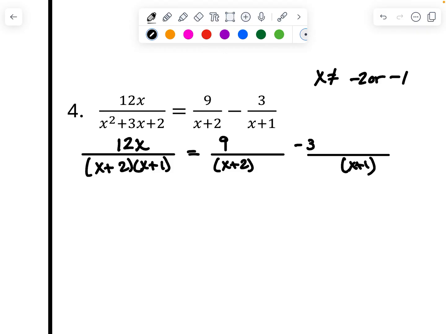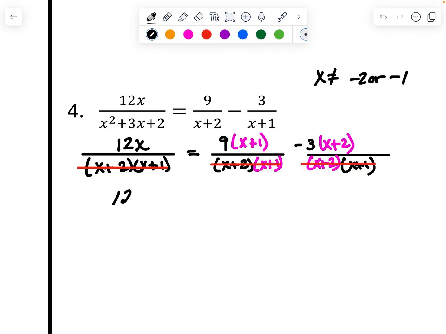Okay, so our common denominator is x plus 2, x plus 1. So this needs an x plus 1. What you do to the bottom, you have to do to the top. This needs an x plus 2. What you do to the bottom, you have to do to the top. And now that the denominators are all identical, the denominators are all gone.